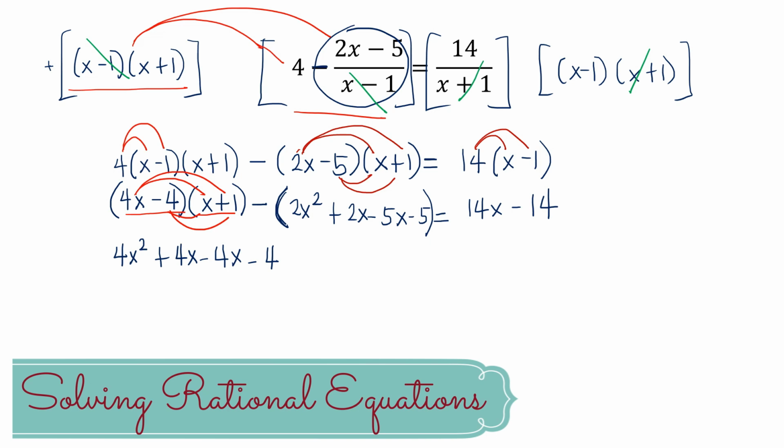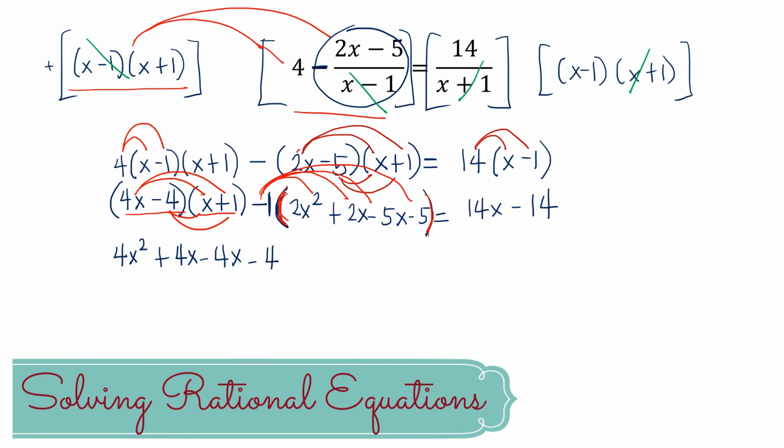Now, this time, we have to distribute the negative sign. Actually, this is negative 1. We have to distribute negative 1 to each of these terms inside the parentheses. Okay? So that is why it's very necessary that we include these parentheses.